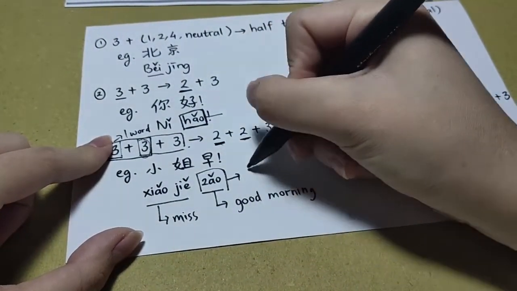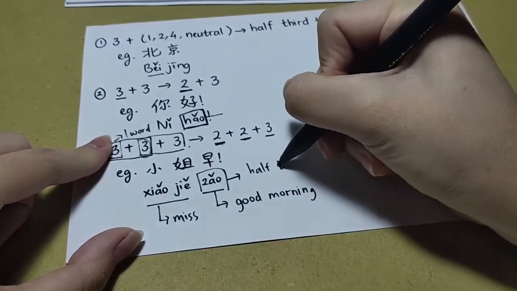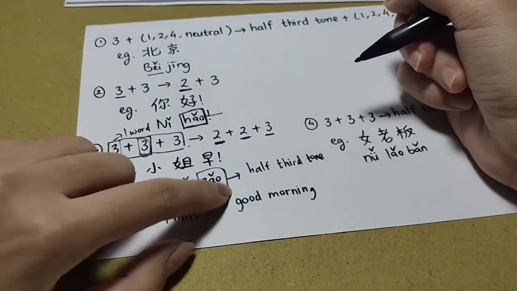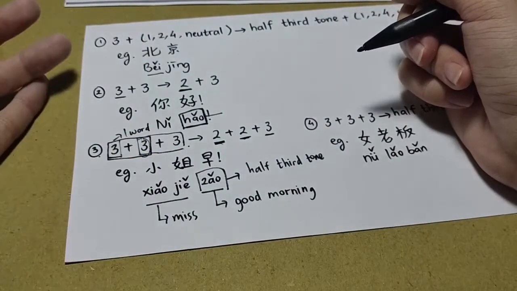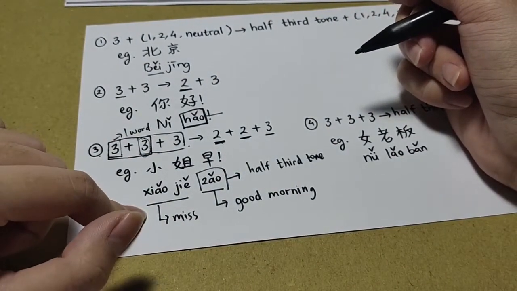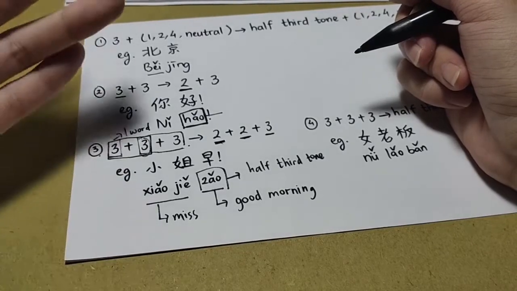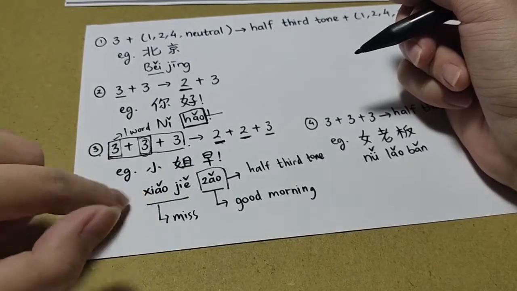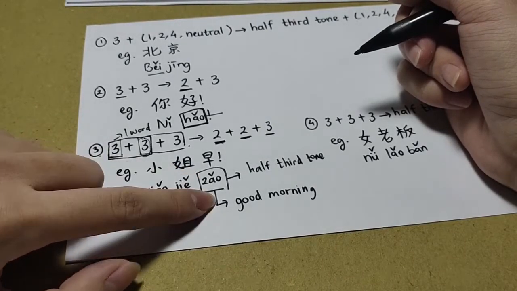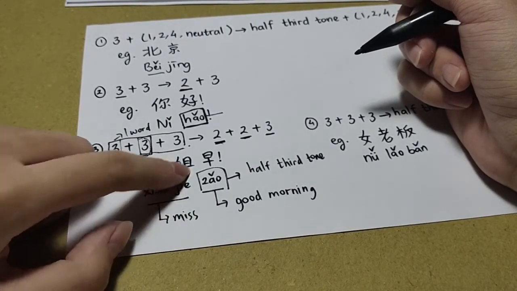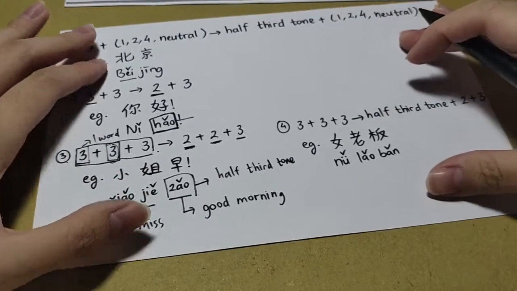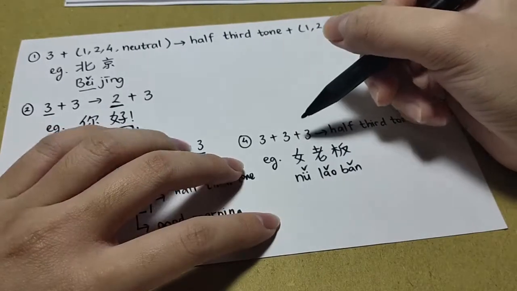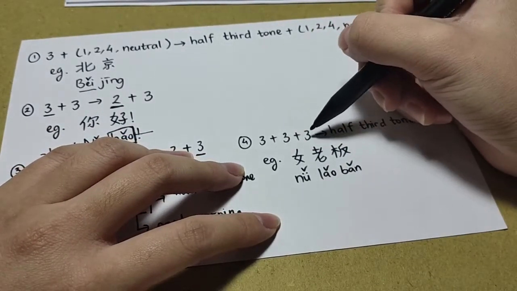We pronounce it only half third tone. But if you pronounce it as the full third tone, it's also not wrong. But it's not natural to say the full third tone. So let's read it again. 小姐早. 小姐早.